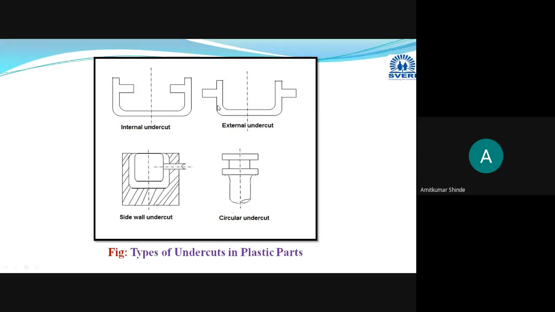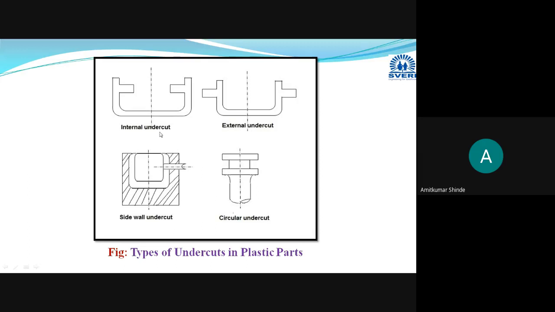This is the molded part and this is the external undercut. This is your mold, and this is the undercut on the side wall. And this is the circular undercut. These are the different types of undercuts.